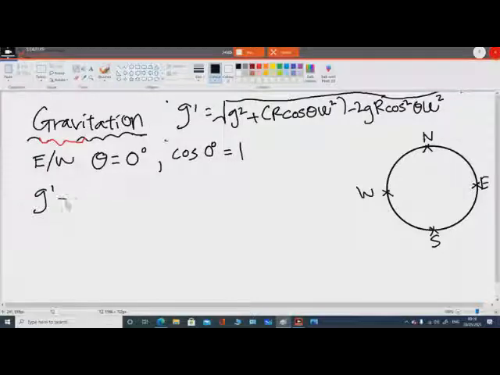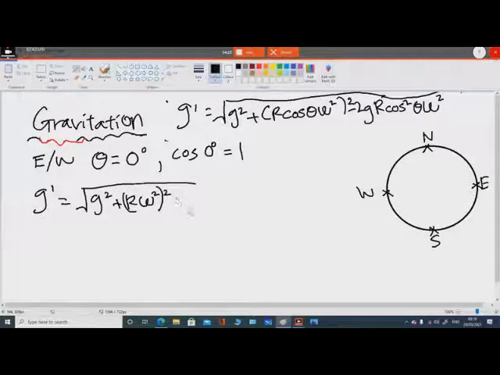So this one will be g squared, r omega squared. Oops, this one should be squared. So this one will be r omega squared minus 2gr omega squared.